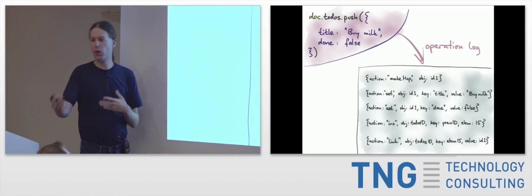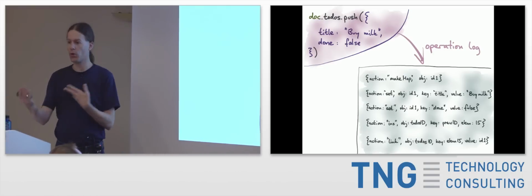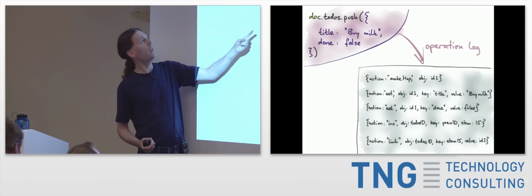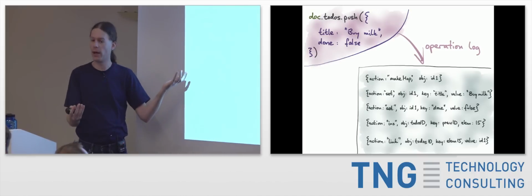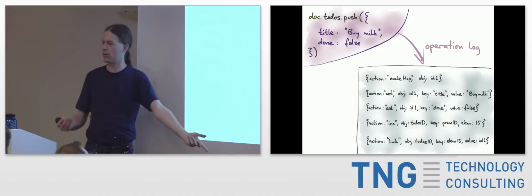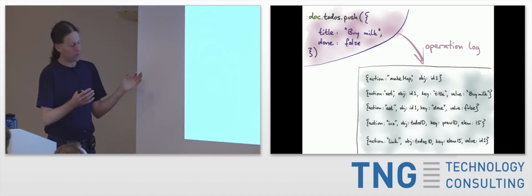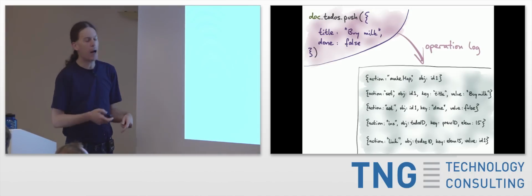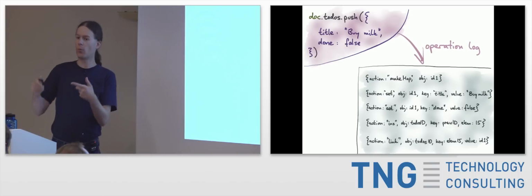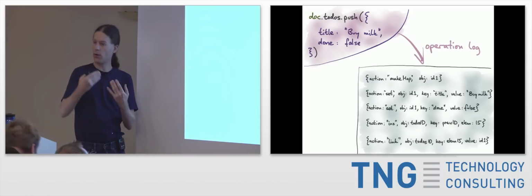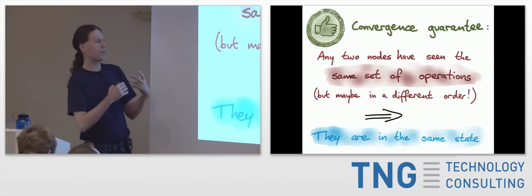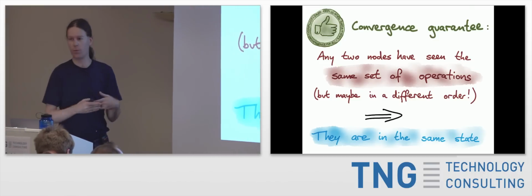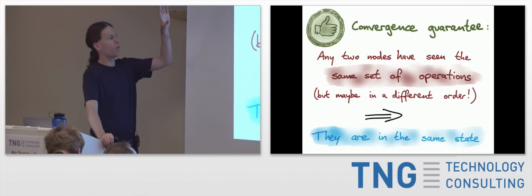Because then when you have multiple users or multiple devices which want to sync up their data, what you send is not the current state of the application, but this log of operations. And so these operations get packaged up in a message, get sent over the network, and at the receiving end, those operations then get applied to the copy of the document there. And the guarantee that we provide, which is what makes this whole thing work, is the following.